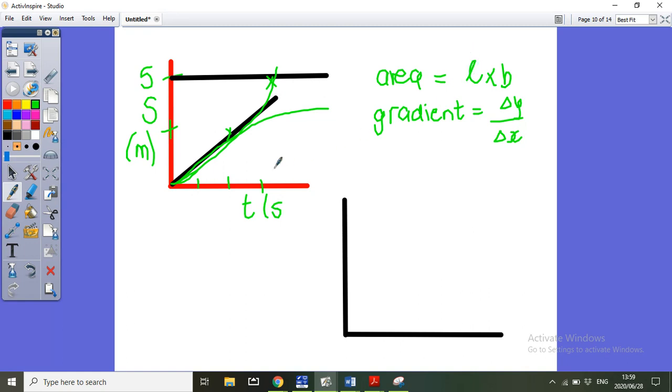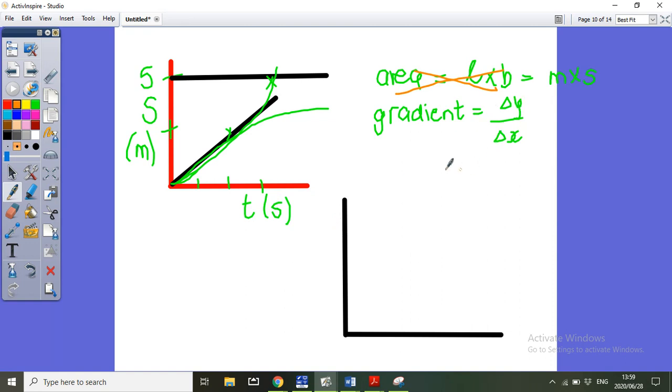Now, if we look at this area here, it's going to be seconds that we have here on our x-axis times meters here. Now, if you have anything that we measure in meters times seconds, please tell me, because I don't know of any quantity that's measured in that unit, meters times second. So actually, for this graph, the area would mean nothing. So we cannot use the area of the displacement time graph.